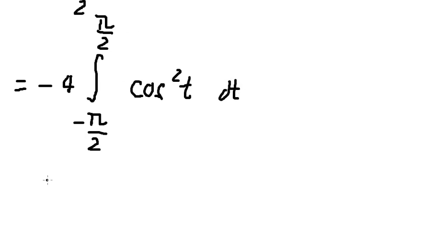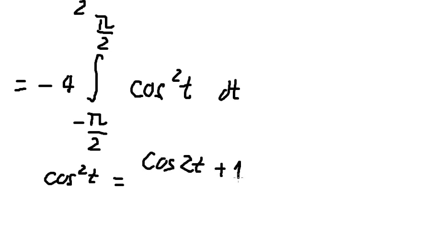We know that cosine t squared we change to (cosine 2t plus 1) over 2.